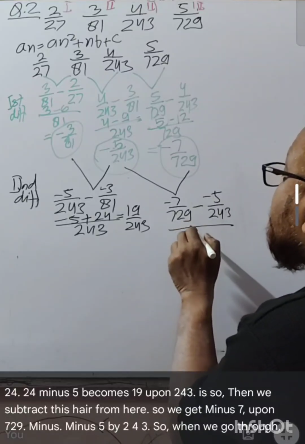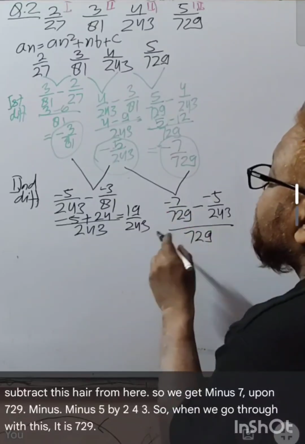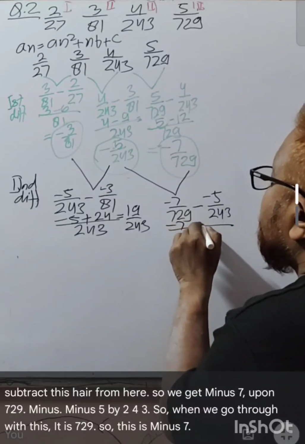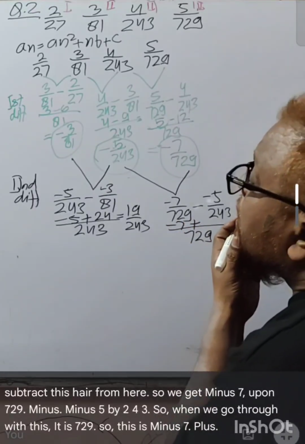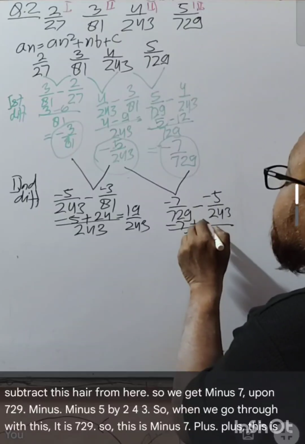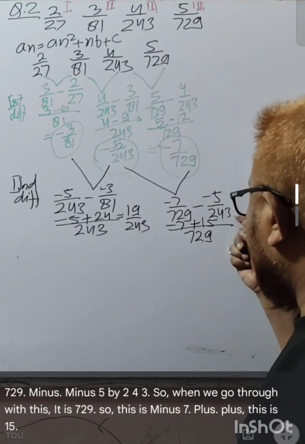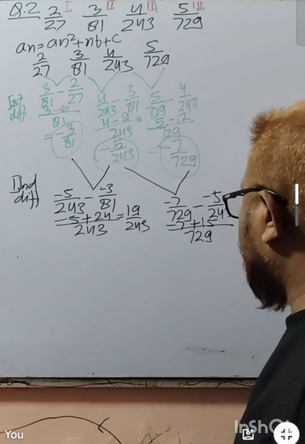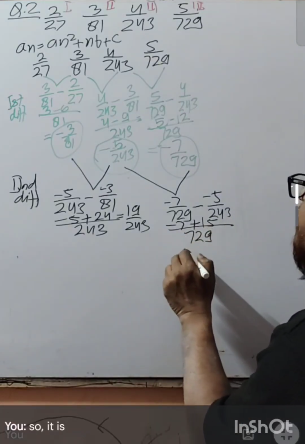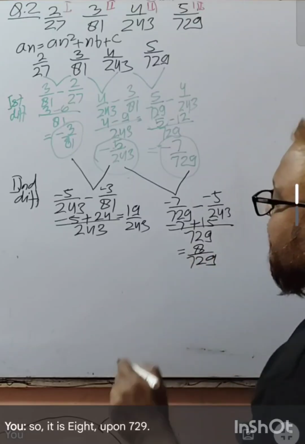When we go through with this, it is 729, so this is minus 7 plus 15, so it is 8 upon 729.